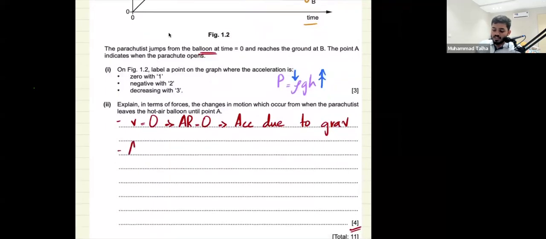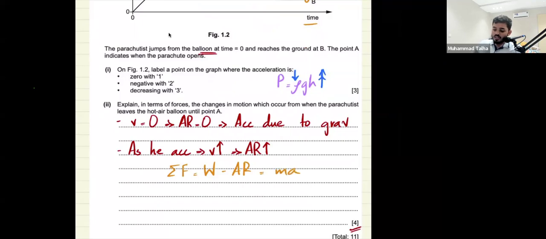Then you say that as he accelerates, basically this means his speed increases. So the air resistance also increases. And we know that air resistance is going to oppose his motion. So if I write it like this, the resultant force, weight minus air resistance, equals ma.